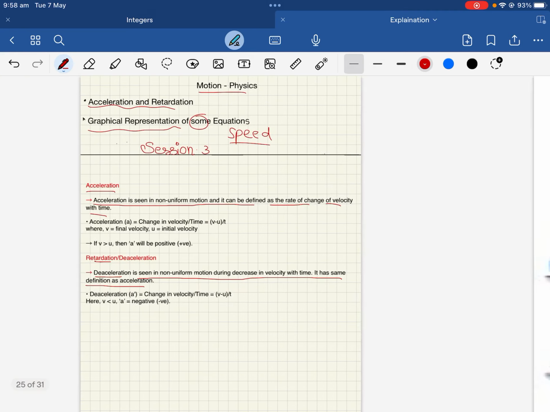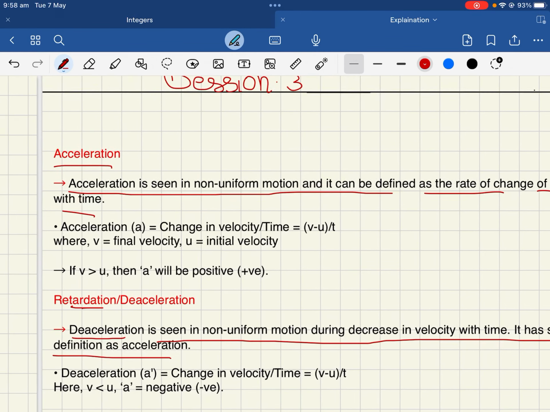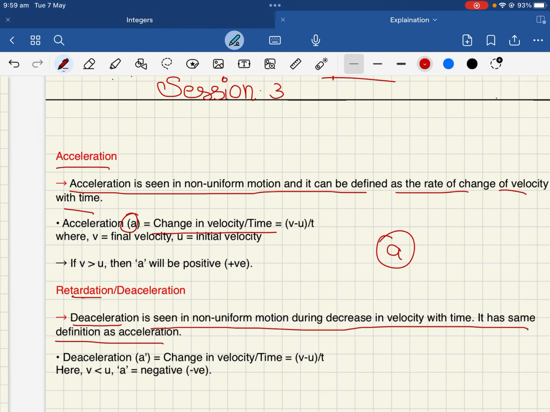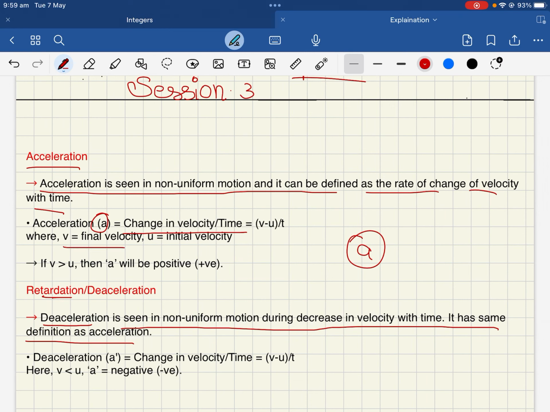Okay, this was relatively simple. Now acceleration can be written as change in velocity upon time. Now what is the change in velocity? V minus u. What is v? It is the final velocity. And what is u? It is initial velocity.